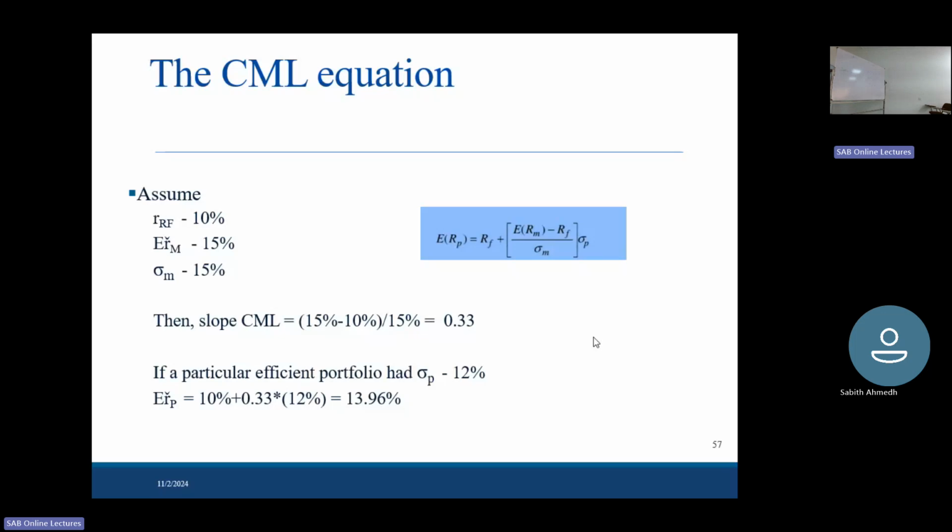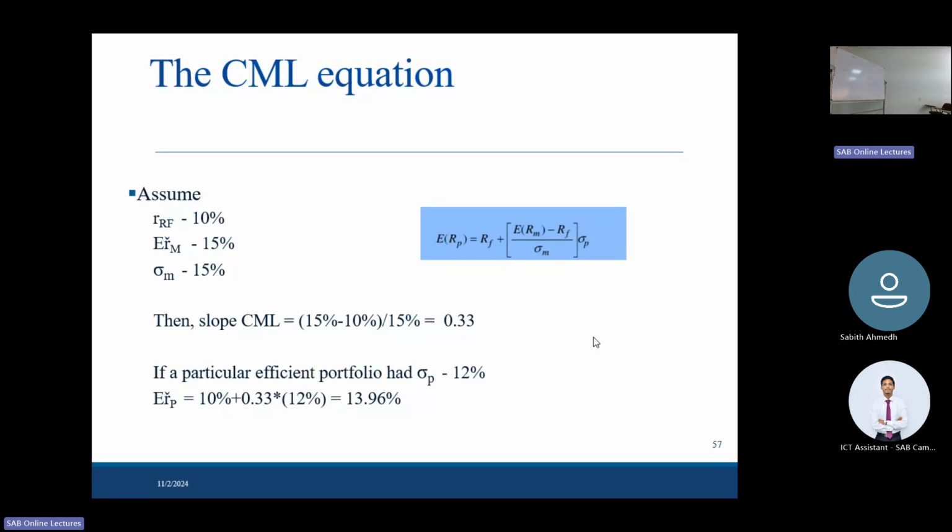But if you have an inefficient portfolio, not on the CML, then you can calculate your portfolio expected return using the capital asset pricing function, that is, based on the security market line. There we are connecting with the beta coefficient.